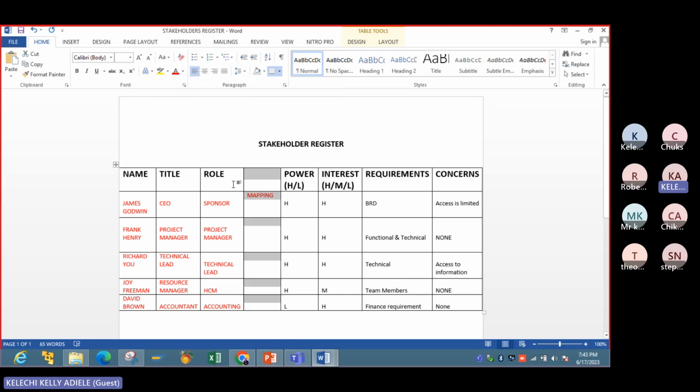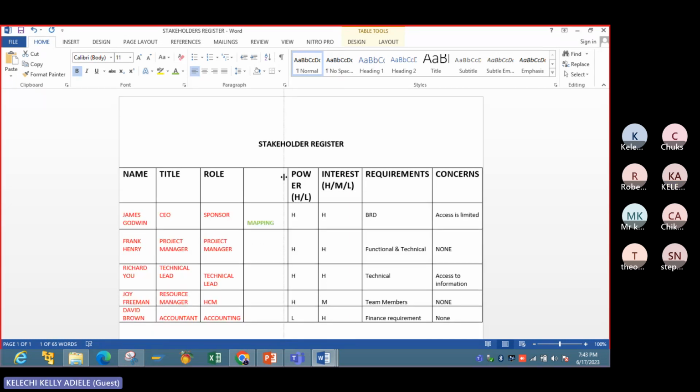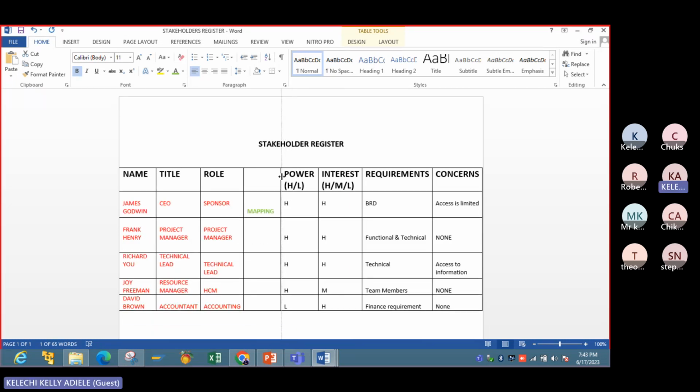So we have been able to map. This is what we did. Mapping is the green.